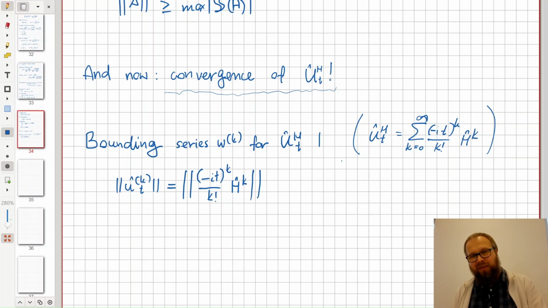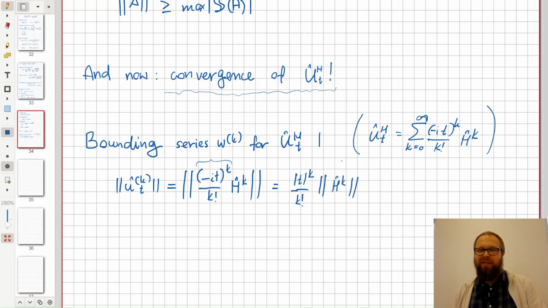But here we can use a couple of properties of the norm to maybe simplify it a bit. So one, these are scalars. So we have this scalar scaling of the operator norm, we can just pull them out. So the absolute value of time to the power k, we can just pull it out.